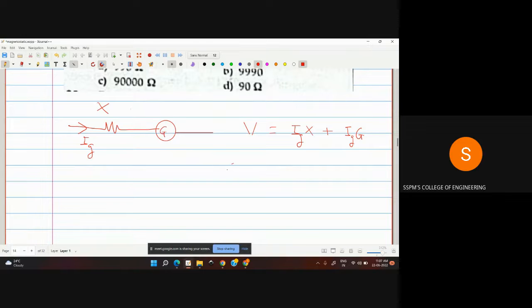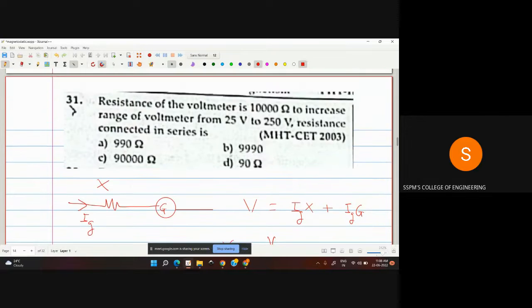So X is equal to V upon Ig minus G. Isn't it? Now what is given in this example?